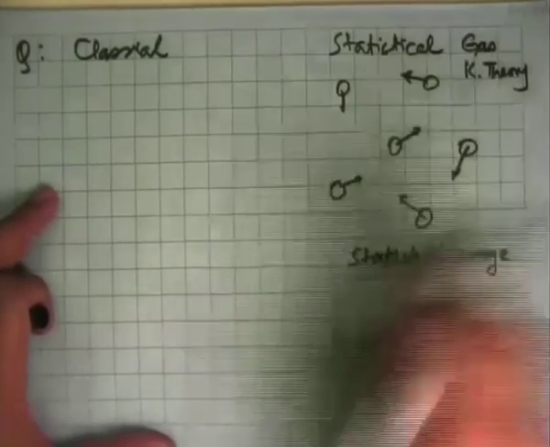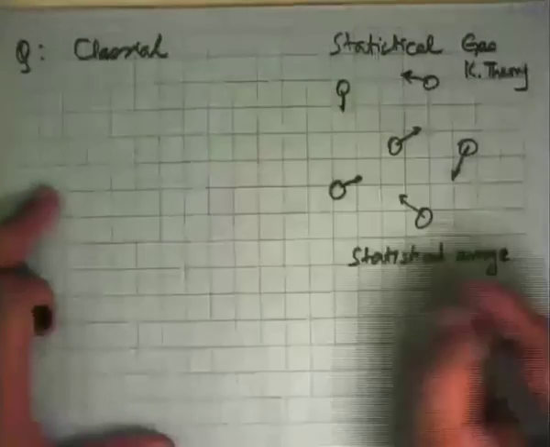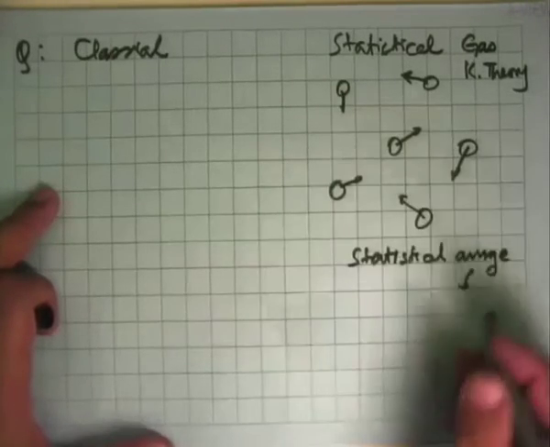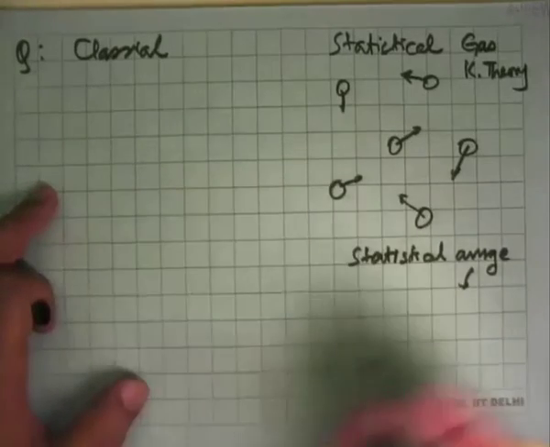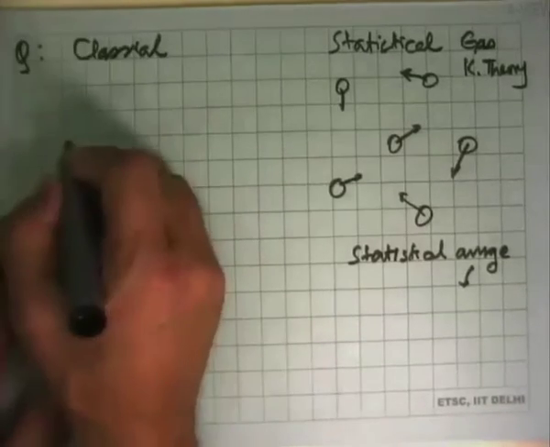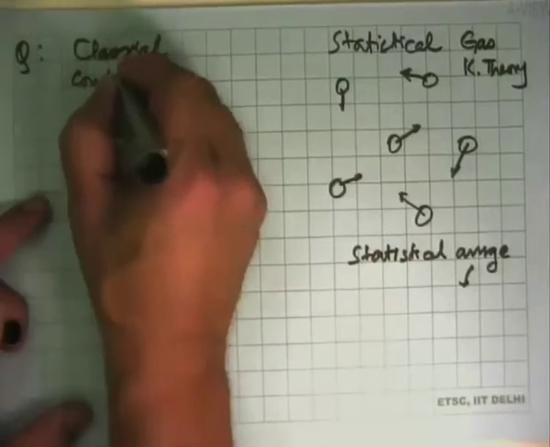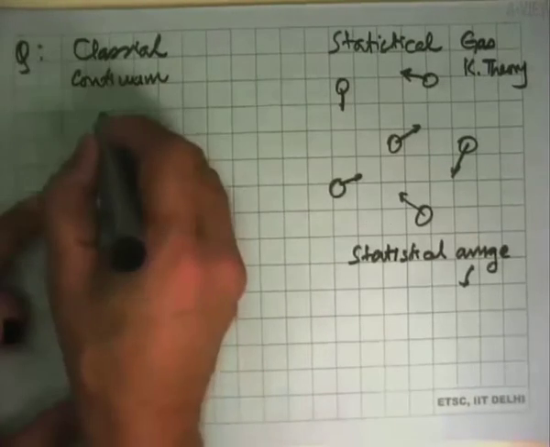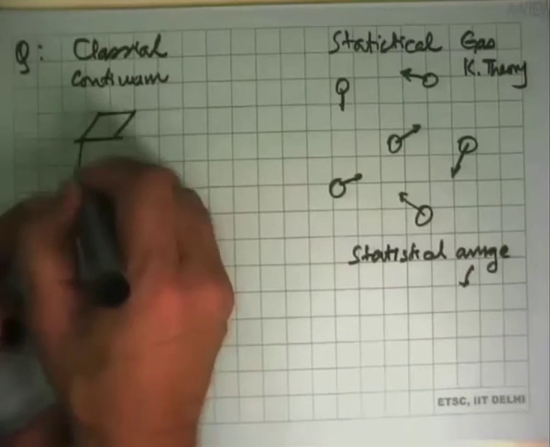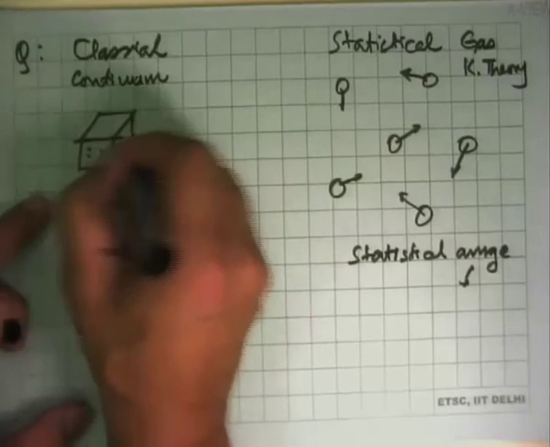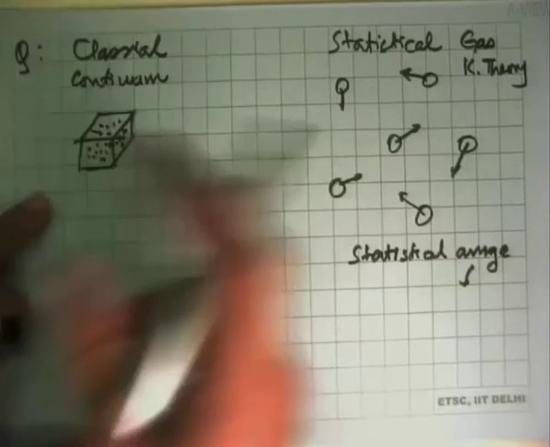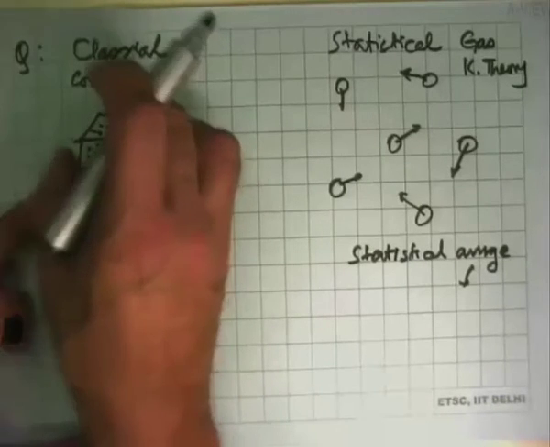So we look at all molecules, take a very large ensemble and ask what the average looks like, and from there what we get in terms of pressure, energy, and various other things that we know. In classical thermodynamics, we say we are not going to look at each and every molecule. We make the assumption that we are looking at a continuum, which means that the smallest element of the substance that we consider, which one can approximate as a cube, has enough molecules or atoms in it that the statistical average is good enough to tell what the entire element is all about.